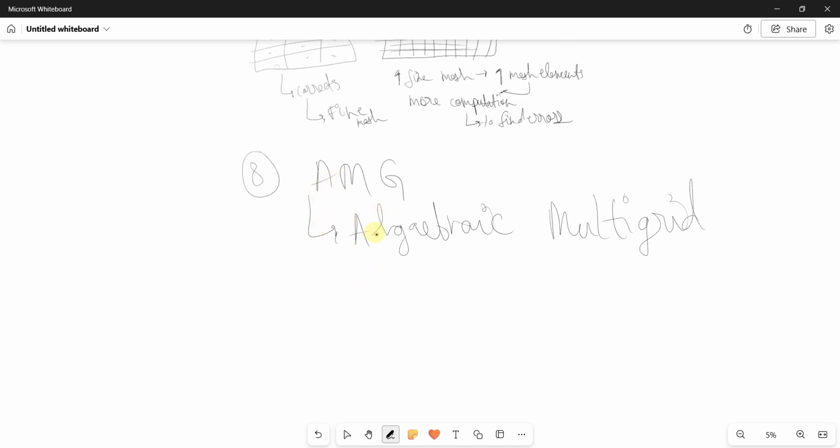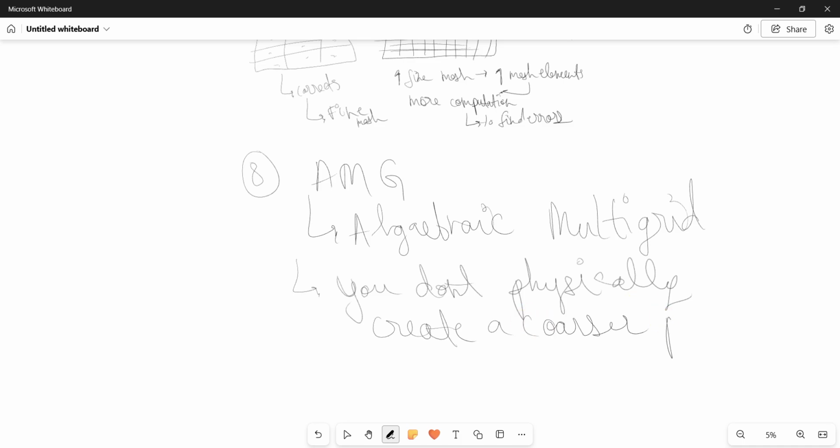So you are not physically creating a coarser mesh, just mathematically model it, right?